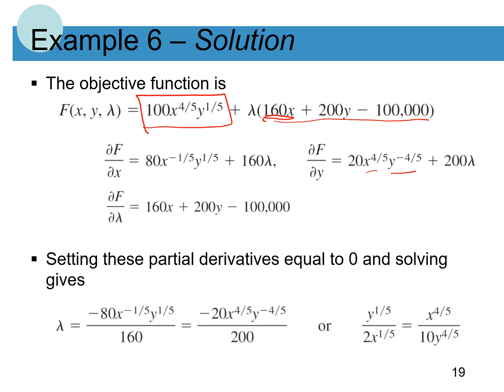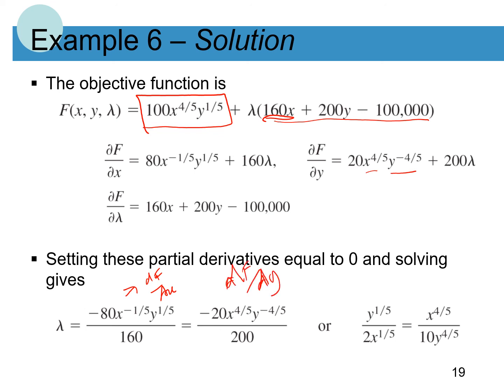Then setting these partial derivatives equal to 0 and solving gives lambda equal to negative 80x to the power negative 1/5 y to the power 1/5 divided by 160, based on transforming the equation of df over dx. Lambda is also equal to negative 20x to the power 4/5 y to the power negative 4/5 divided by 200, from df over dy.